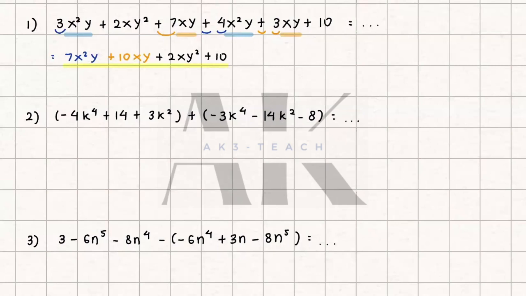We'll do the same thing, but now take a look. We have a bracket here. This bracket needs to be opened first. In the case of a positive before the bracket, it's kind of easy. We can just remove the bracket.